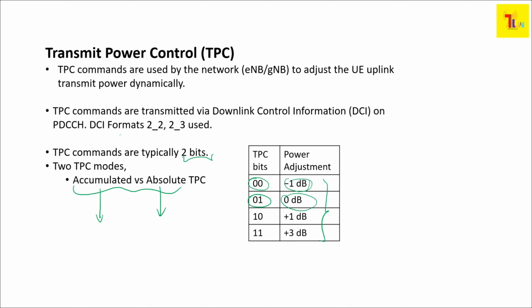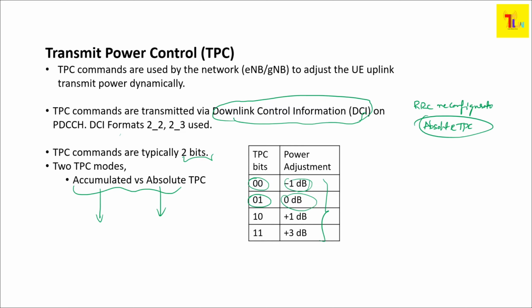This TPC information, as I said, is 2 bits that are carried by DCI, and there is also an RRC reconfiguration message which carries some information about the TPC, and whether this absolute TPC mode is supported or not. These kinds of commands or configurations will be informed to the UE, and also the path loss.